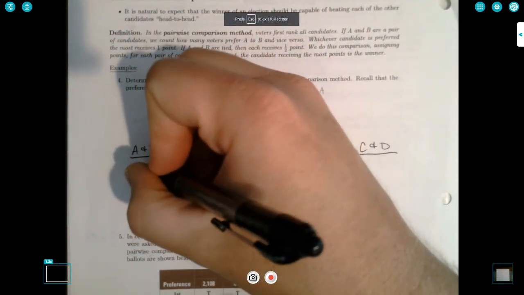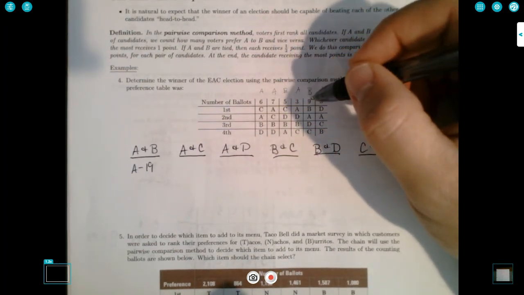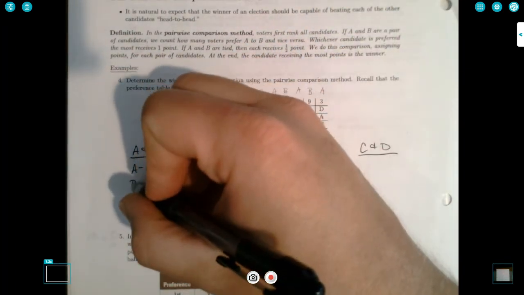So A gets 19, and B gets 5 plus 9, which is 14. That means A is the winner in that head-to-head race. So A gets 1 point.